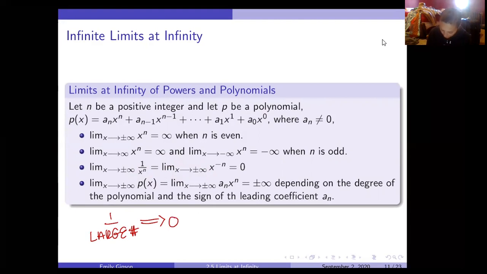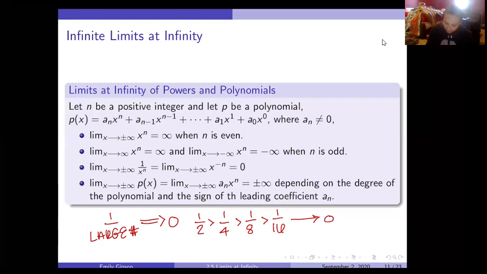Because we think of 1/2 is bigger than 1/4, is bigger than 1/8, is bigger than 1/16. So as our denominator is increasing, these are getting closer and closer and closer to the value 0.